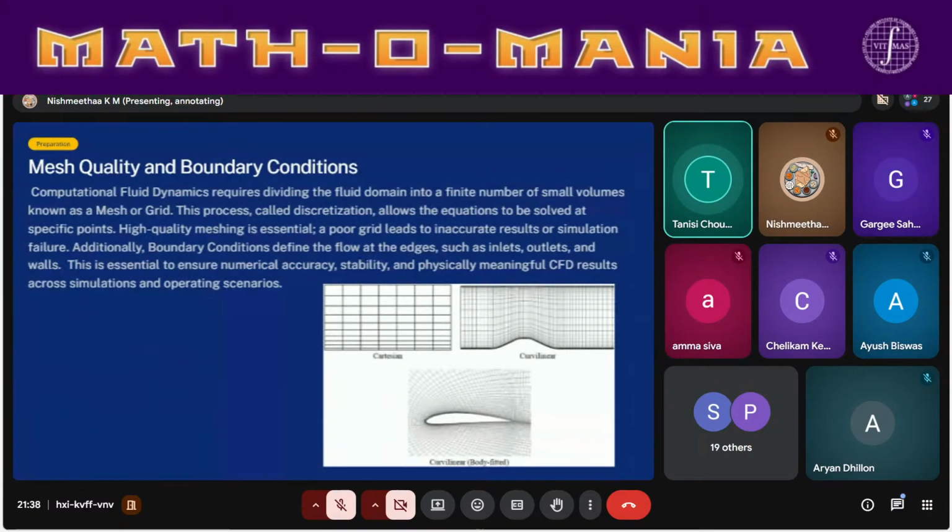This is important because wrong boundary conditions will give you the wrong result. Mesh and boundary parameters are what we use to ensure numerical accuracy, stability, and physical meaningfulness of the simulation you are doing. So now, next slide.